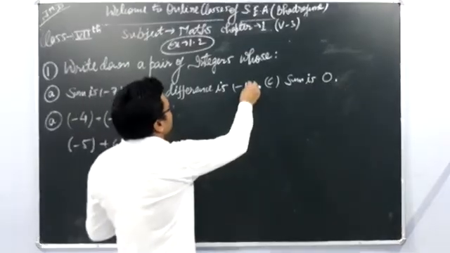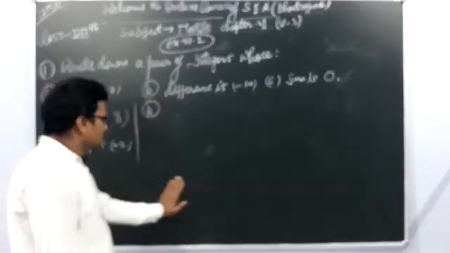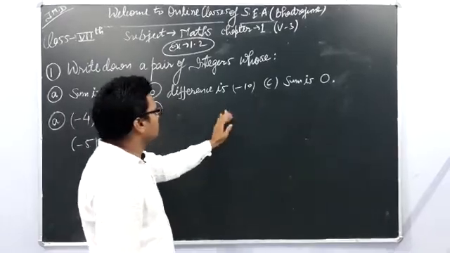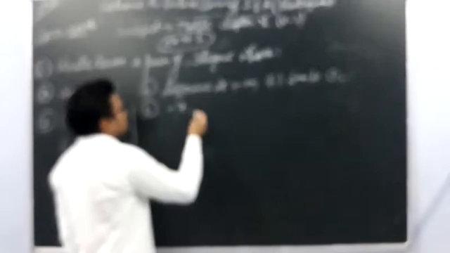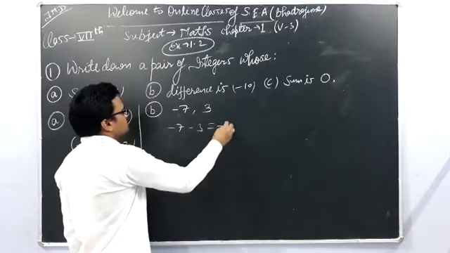So here, what is our first one? First one is -10. If the difference is -10 and our first one is -7, then our second one is 3, then only -7 minus 3 is -10.